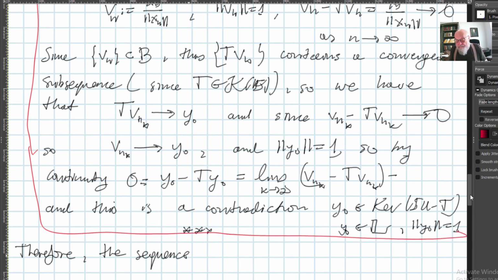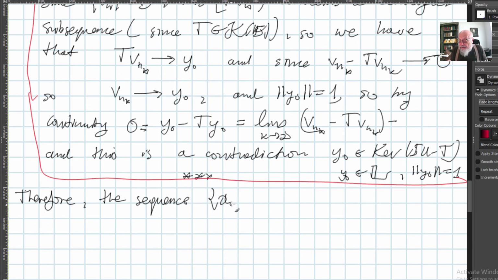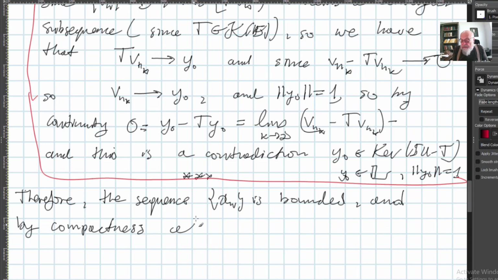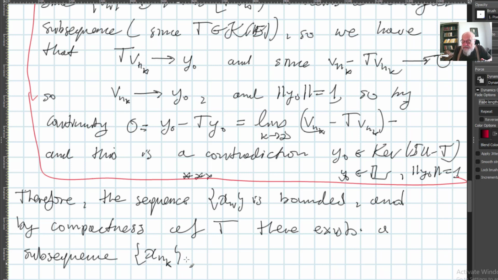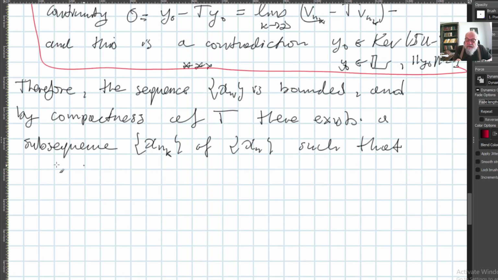So now we can continue the proof. Therefore, the sequence xn is bounded, and again, by compactness of T, there exists a subsequence x n k of xn such that T x n k is convergent.